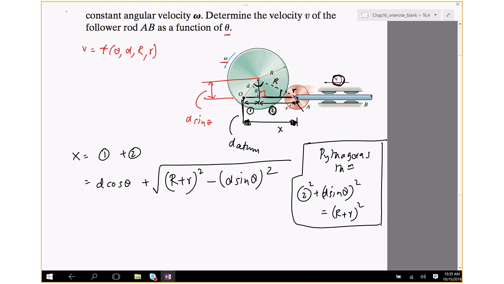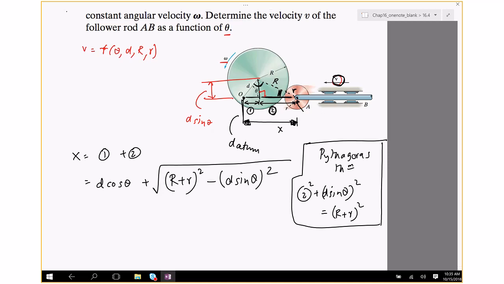You can also, for 2, do capital R plus little r cosine of 90 minus theta. But that assumes that this angle is 90 minus theta. It's not a right angle.